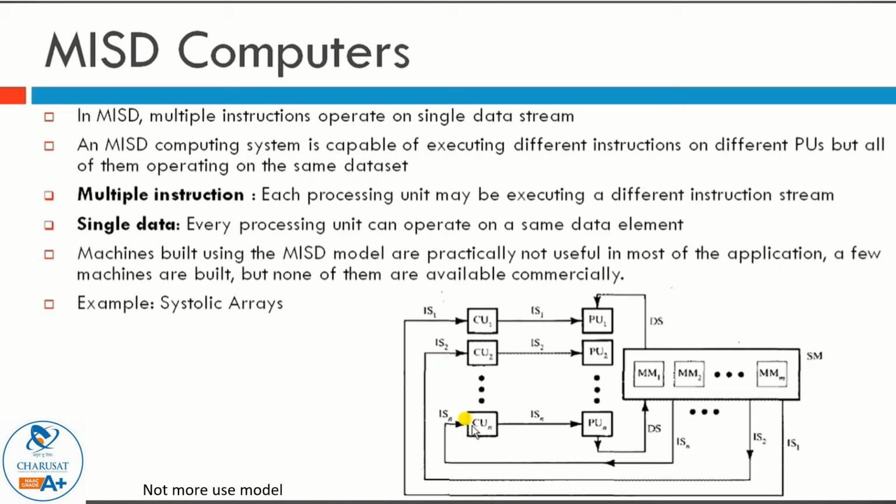Example: systolic arrays. That type of computer is not practically or commercially available; it is a theory. We can show in the diagram that there are multiple instructions, but we are working with the same data element.